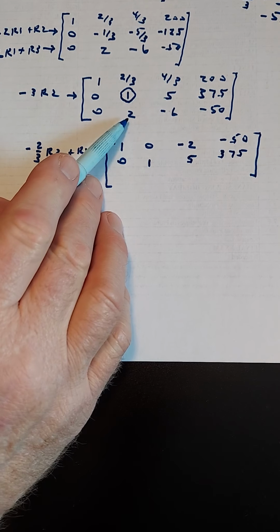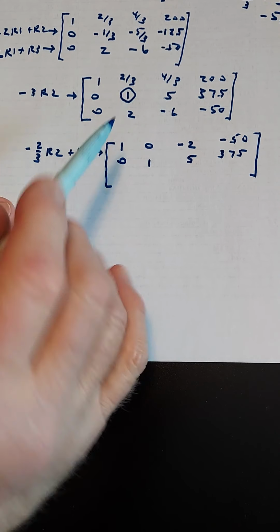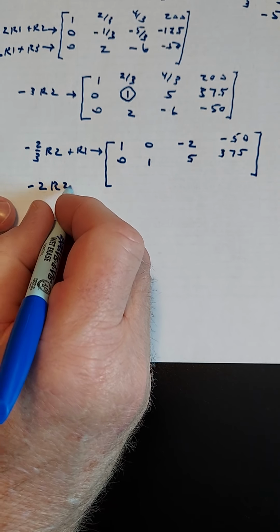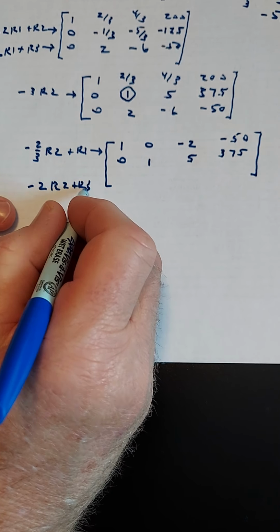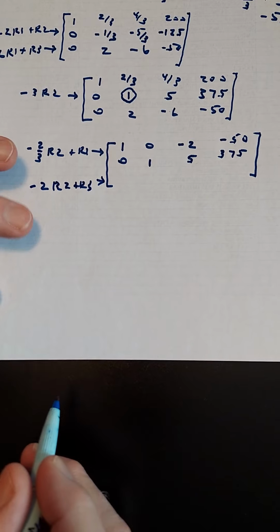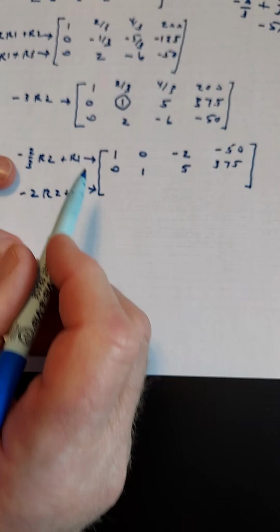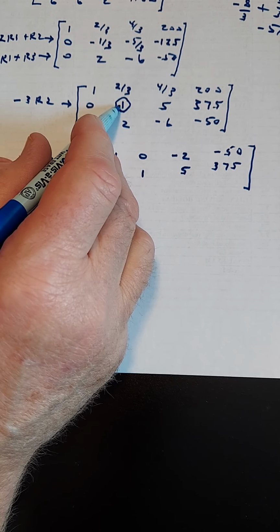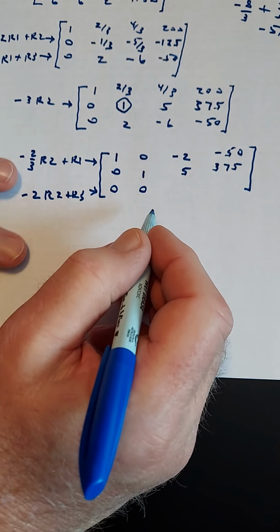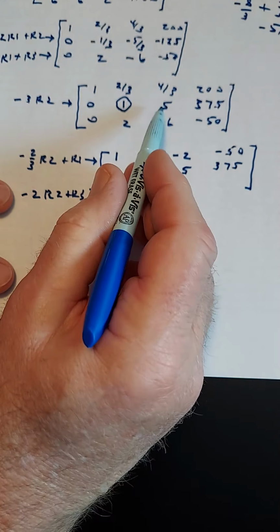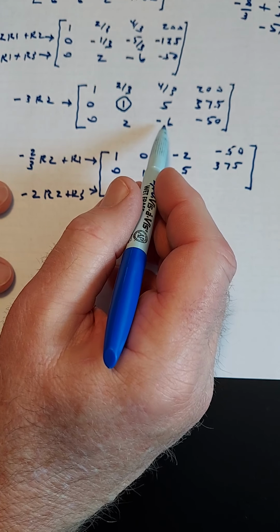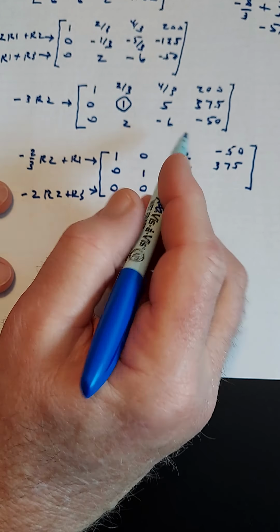Now I want to get a 0 where the 2 is using the 1, so I'm going to take negative 2 times row 2 plus row 3. Put the answers in row 3. So 0 and 0 is going to be 0, and negative 2 times 1 is negative 2, plus positive 2 is 0. Negative 2 times 5 is negative 10. Negative 10 plus negative 6 is negative 16.